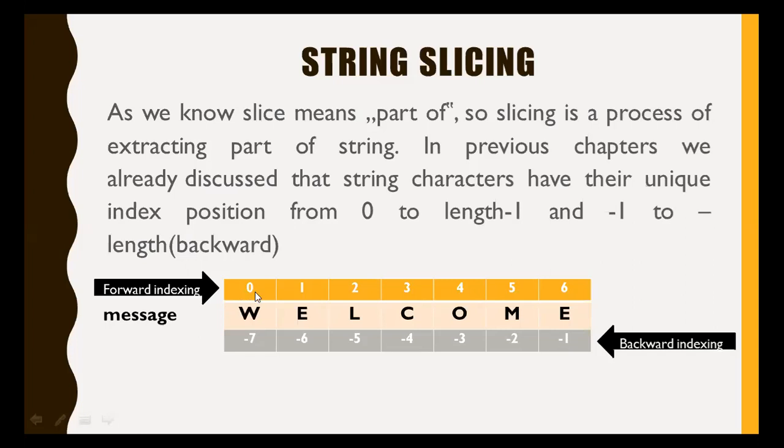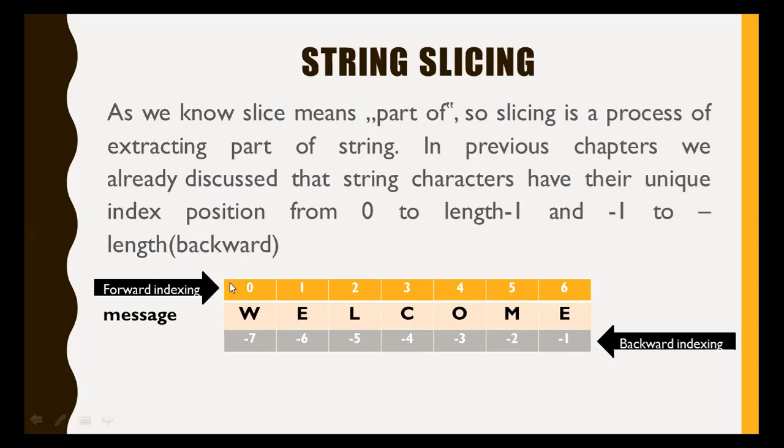Forward index begins with 0: 0, 1, 2, 3, 4, 5, 6, whatever your character length. This is called forward index or positive index. And negative index means backward index, where you see from right to left.